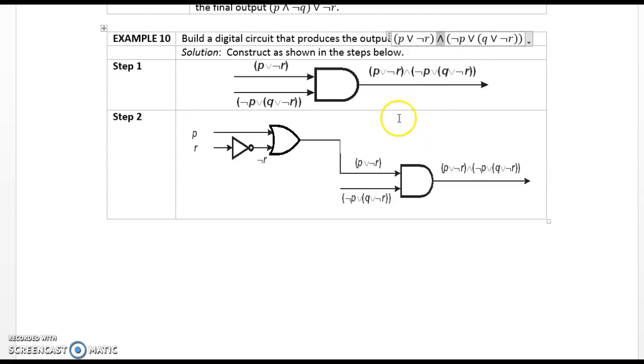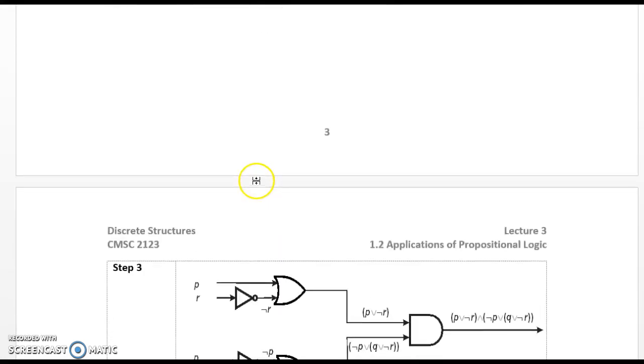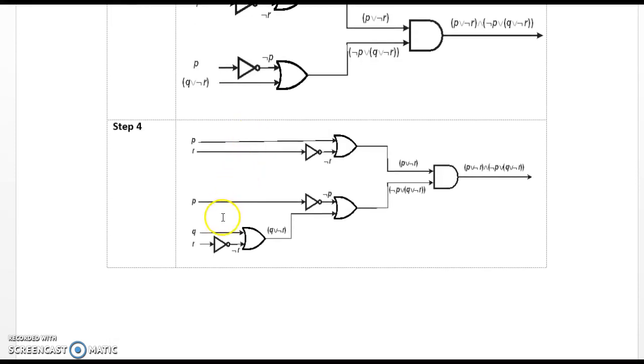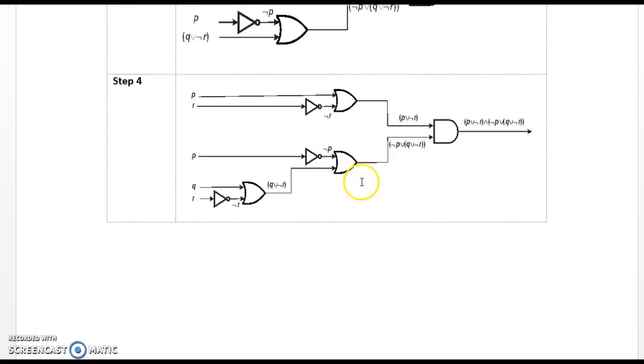On the left we have P or not R, and the other input not P or Q or not R. Then in step 2, we move to the left, backwards, if you will, and add an OR gate for the Q or not R. And in step 3, we continue to move backwards, and in step 4, we complete our exercise as shown.